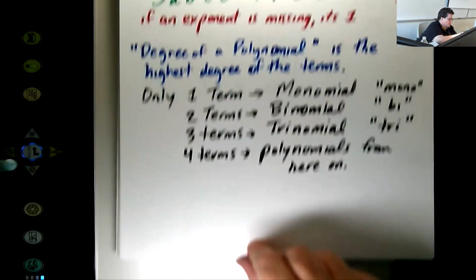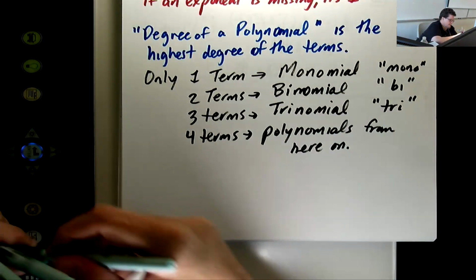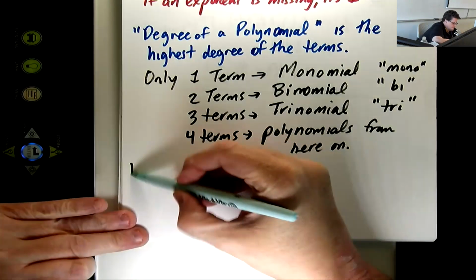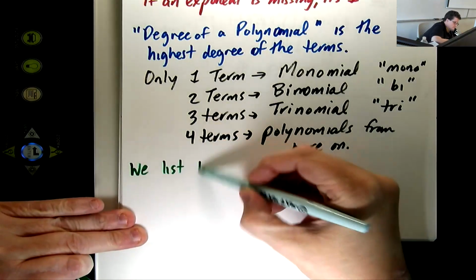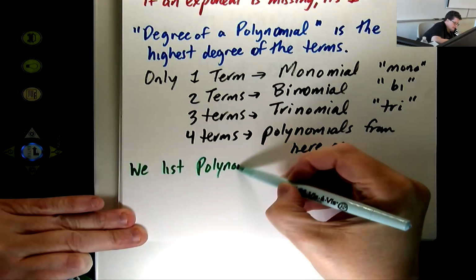We list polynomials in descending degree, unlike what I did up there.